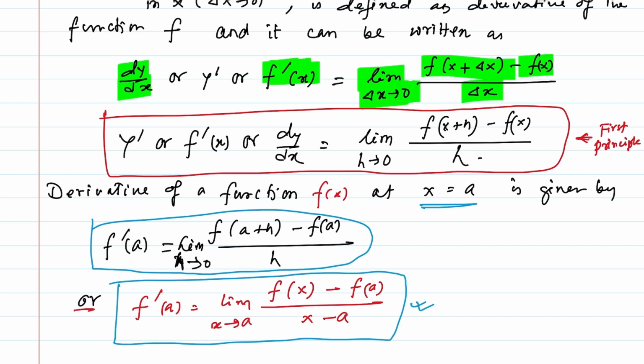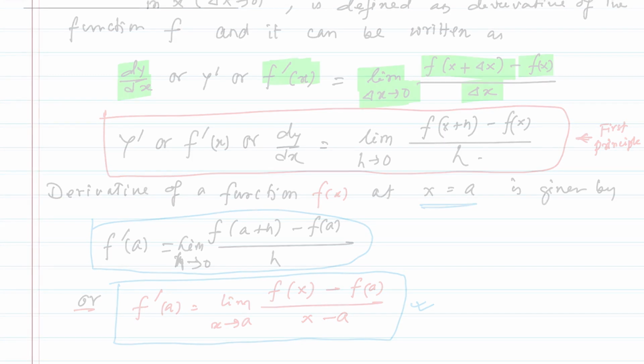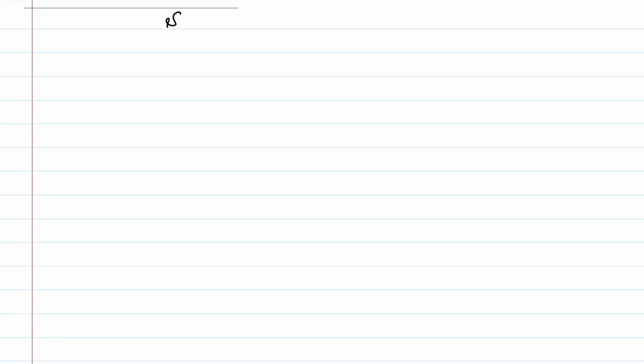Using this first principle we can find derivatives. Then we have some standard derivatives as well. We must remember those derivatives, and we can prove the standard derivatives using the first principle. So now let me tell you what the standard derivatives are.